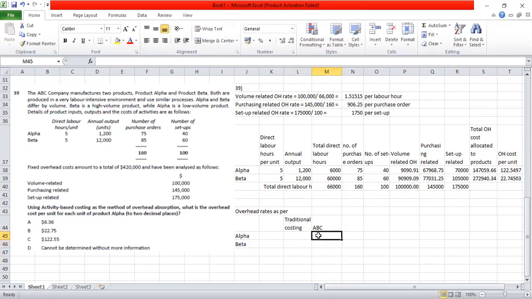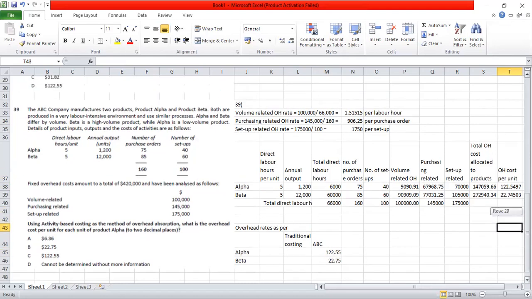According to ABC, let's put it here 122.55. Then we have it as 22.75. These are the rates. Do you see that?